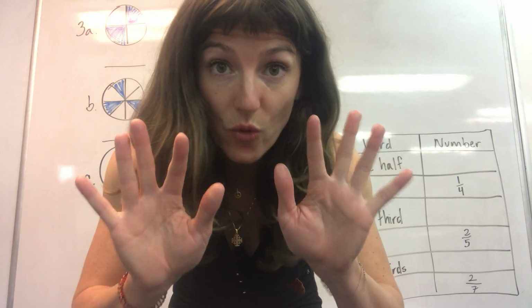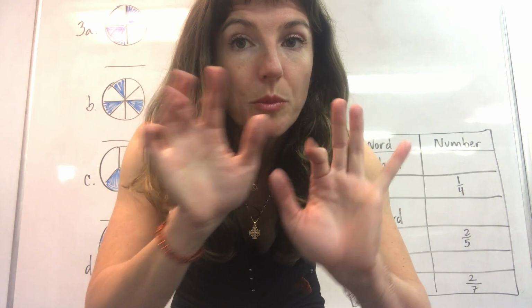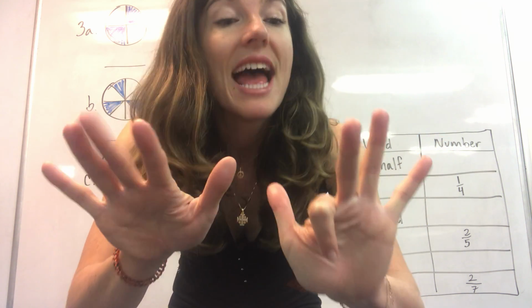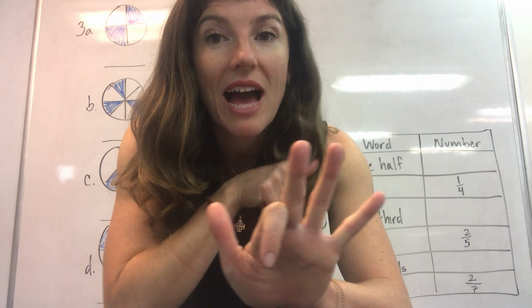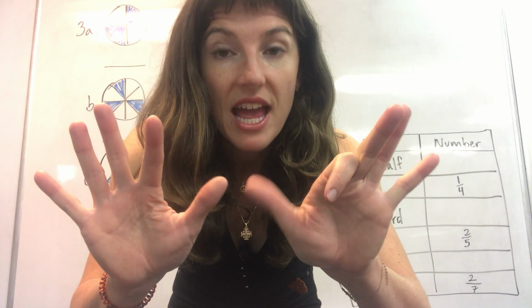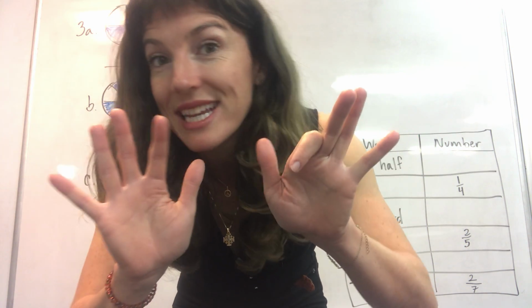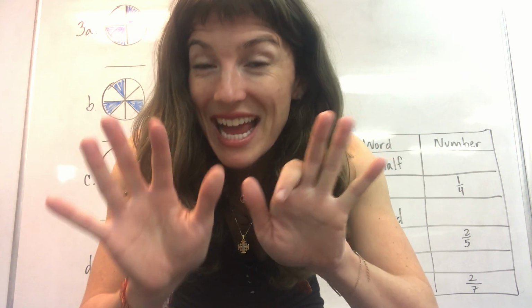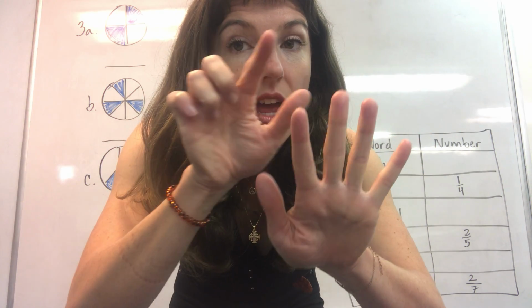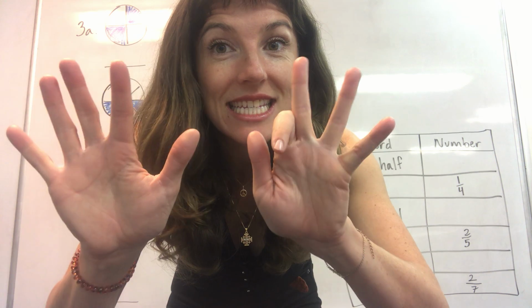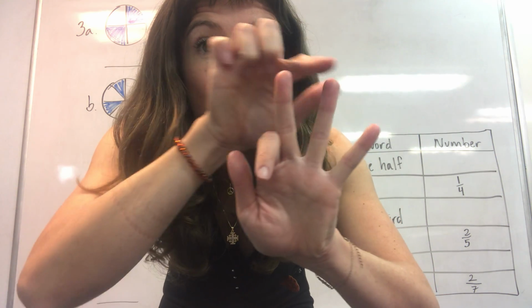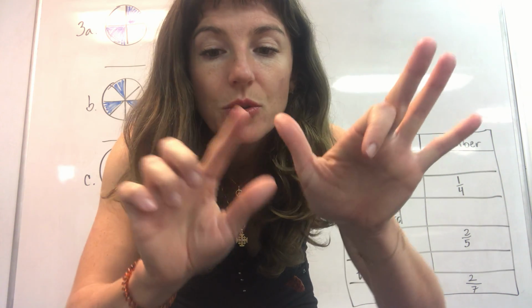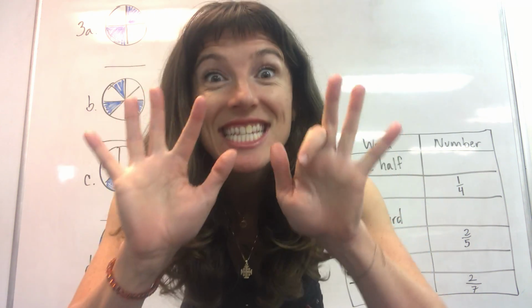So 9 times 4, we go 1, 2, 3, 4. You put that finger down, and however many fingers you have on the left is your tens digit, and however many fingers you have on the right is your ones digit. So 9 times 4 is 30, and 6, 36.